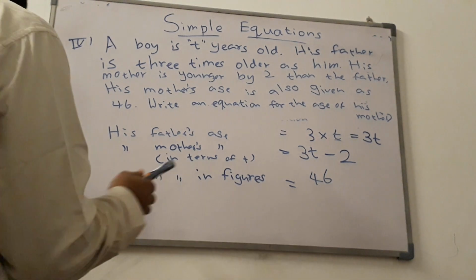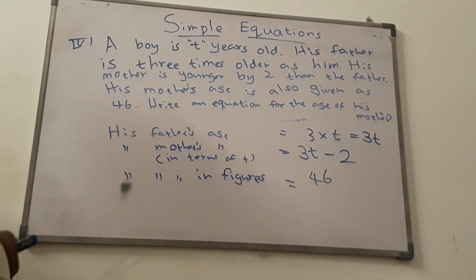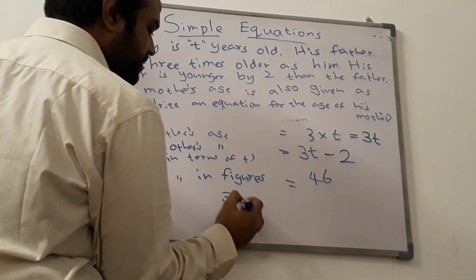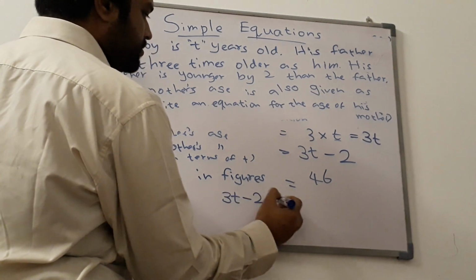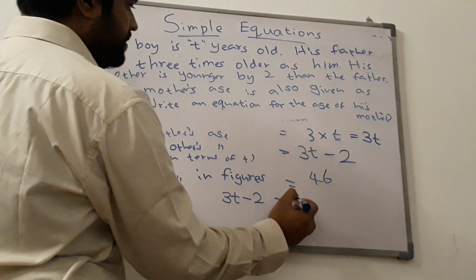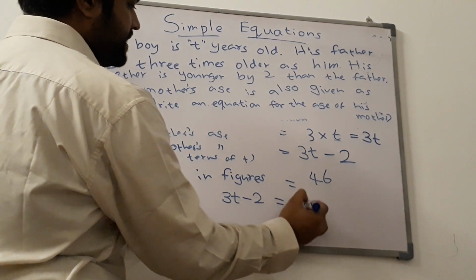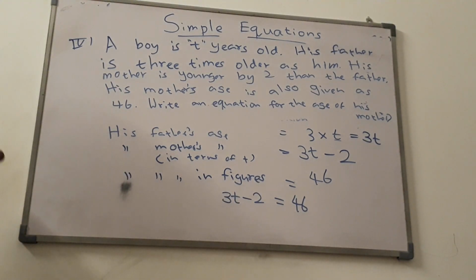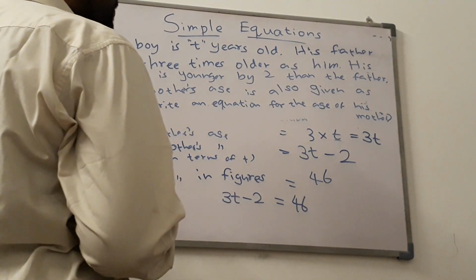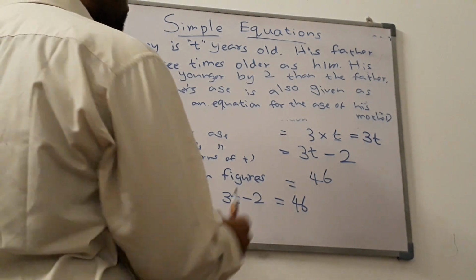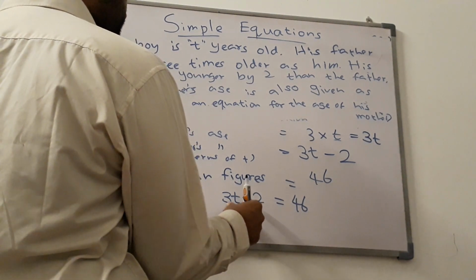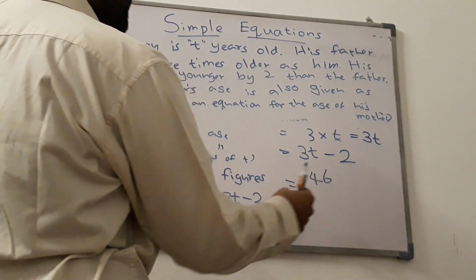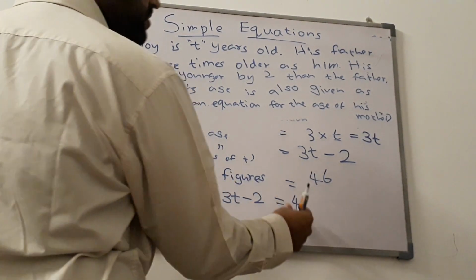So in terms of t her age is 3t minus 2. In terms of figures it is 46. So 3t minus 2 is equal to 46. This is her age in terms of t, and this is her age in figures. So 3t minus 2 equals 46.